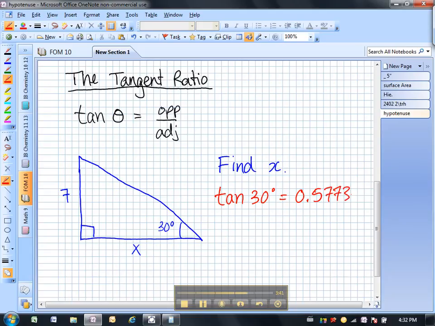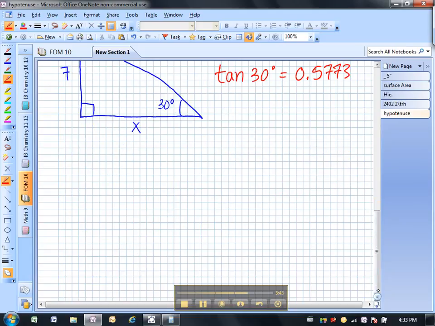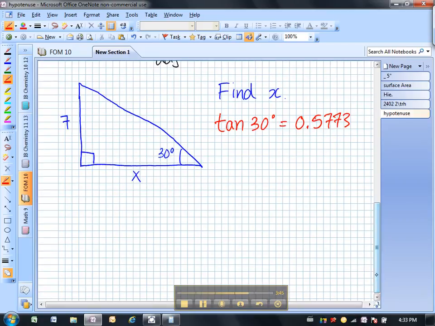But we also know that the tan of 30 is equal to the opposite side over the adjacent side, in other words, 7 over x. So tan 30 is just a number. It's 0.5773, whatever that number is in your calculator, and then equals 7 over x.